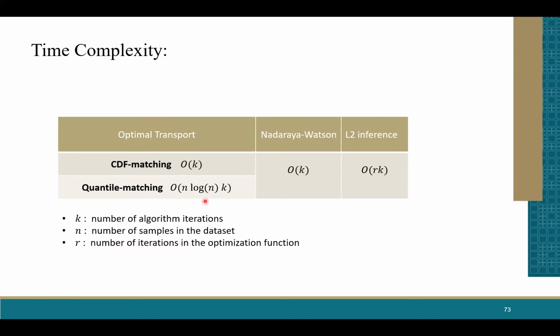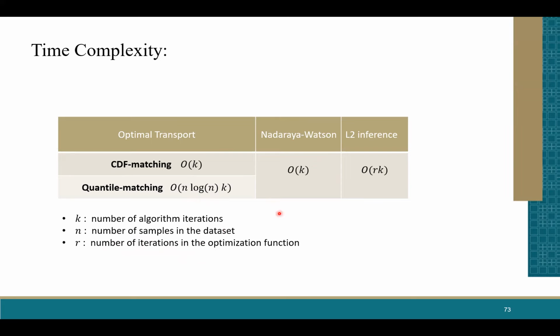This is because we sort the dataset, so it takes this amount of time. And Nadaraya-Watson takes big O of K.